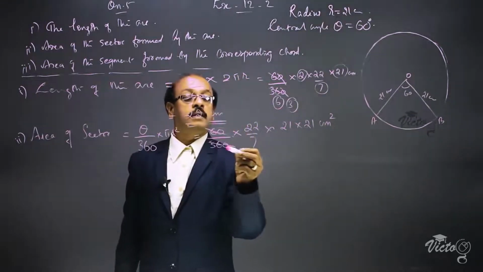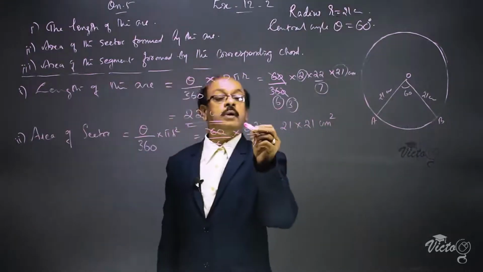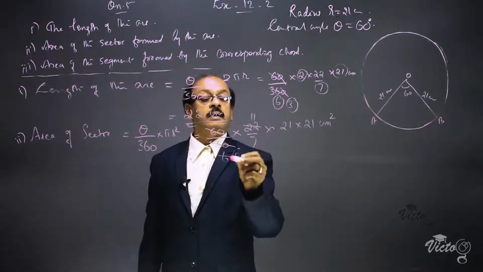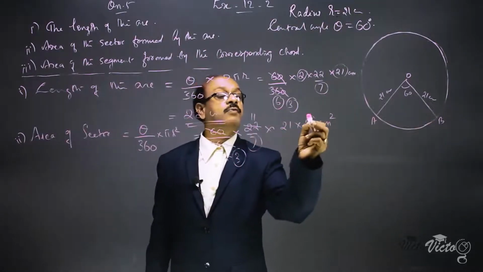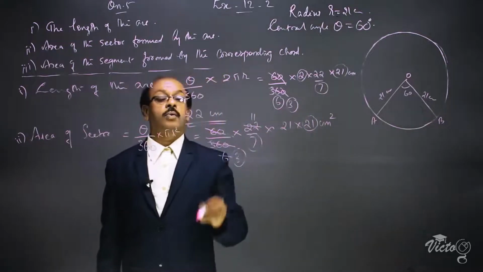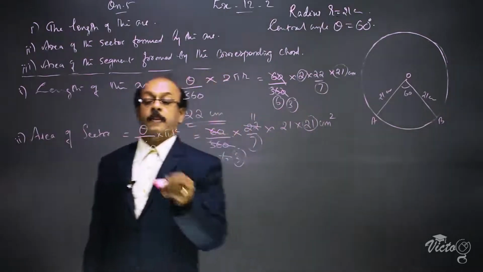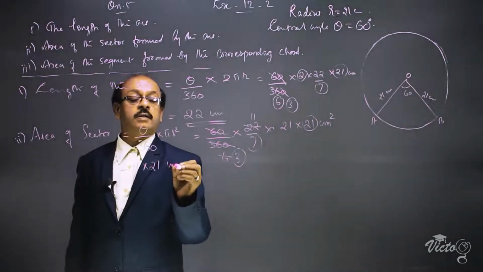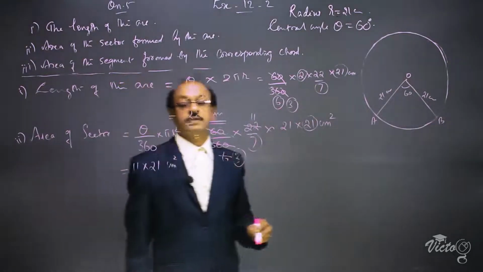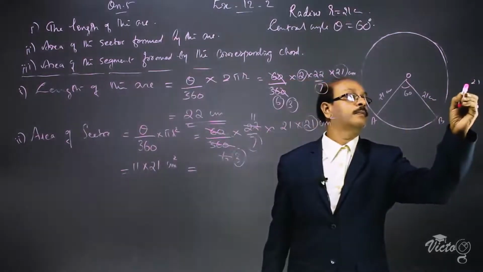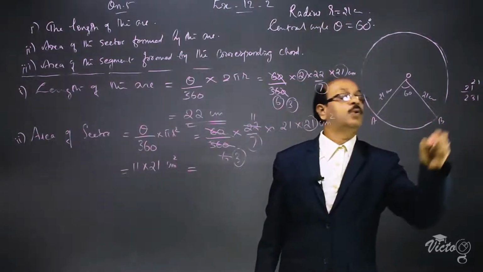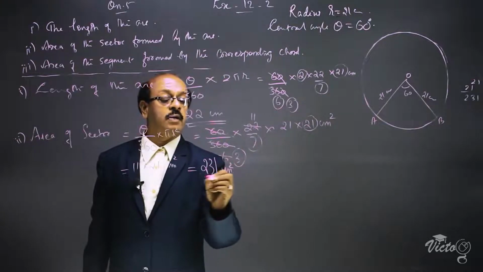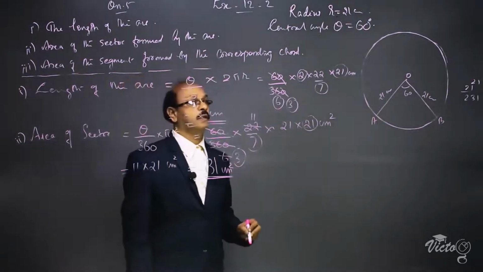Cancelling, it is 6, then 3, and here 11. 3 into 7 is 21 and 21 gets cancelled. The remaining quantity is 11 into 21, which is 231. 231 centimeter square is the area of the sector.